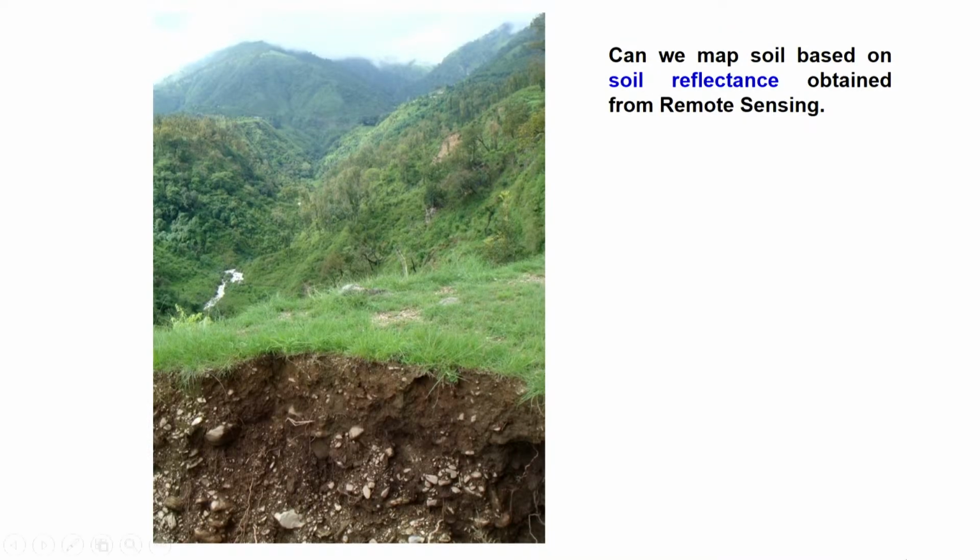But when I removed that one, you see the soil underneath is like that one. So it means from the surface reflectance alone, I cannot map the soil. So I have an indirect approach for that one, and one lecture will be delivered on this topic, how I can map these soils.